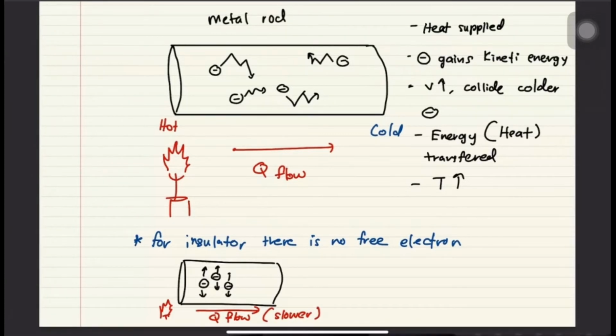Okay, so I'm going to introduce you to an equation, which I already wrote before this. The equation is dQ over dt equals negative K A dT over dx. I had to check whether it has a negative or not. I think it should have a negative. Yes, it does.